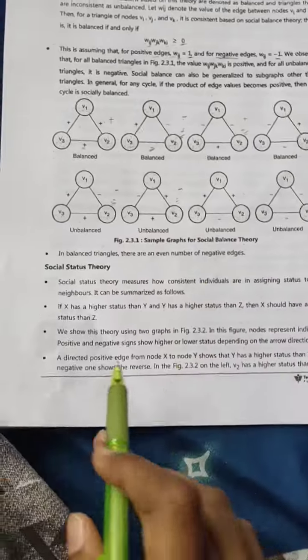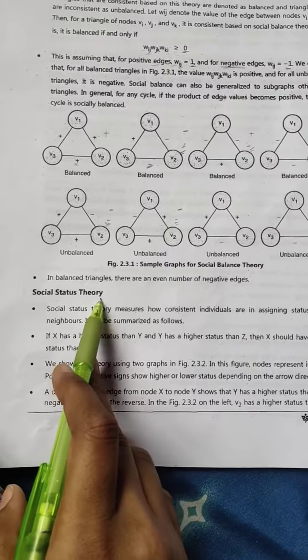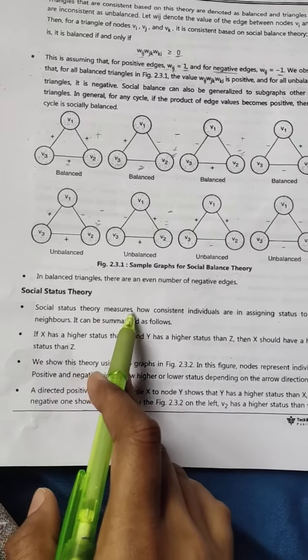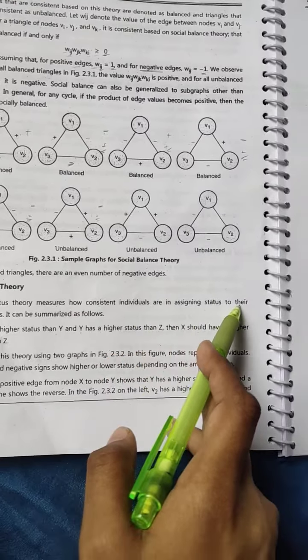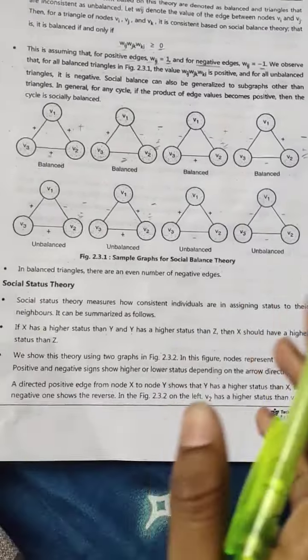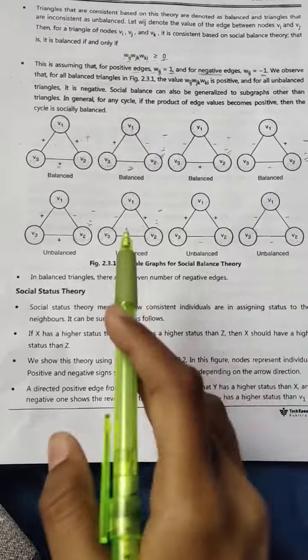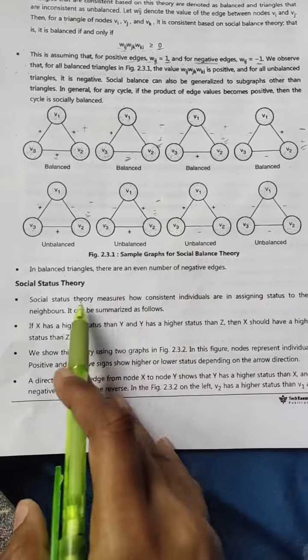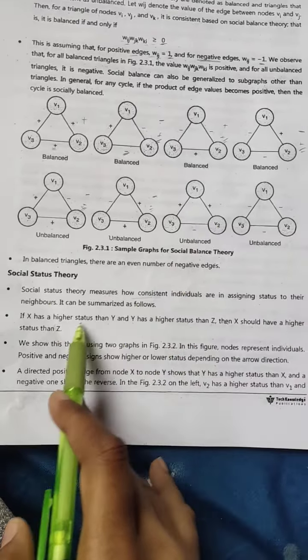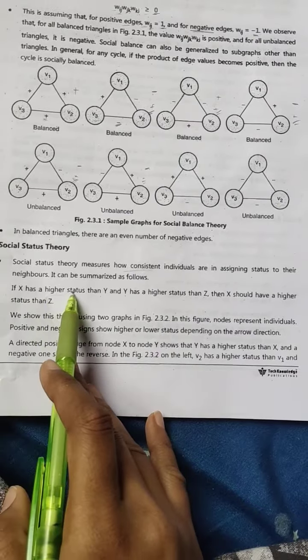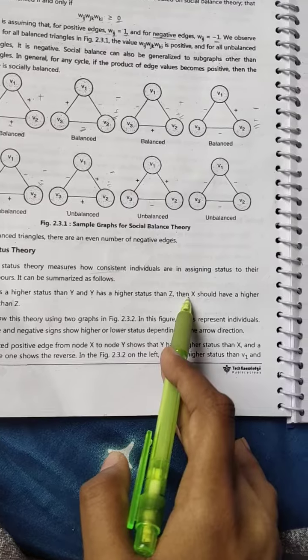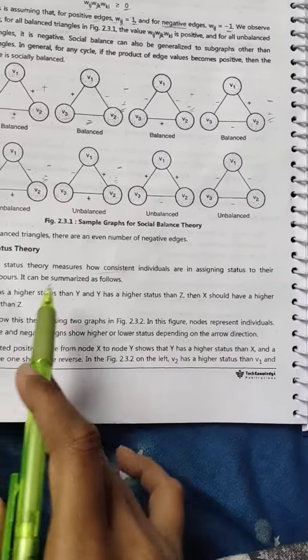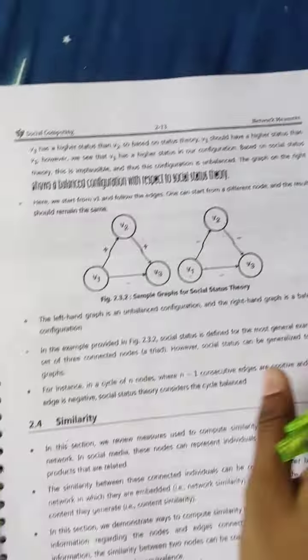Heading towards social status theory. Social status theory measures how consistent individuals are in assigning status to their neighbors. Social balance represents the relationship, balance and unbalance, but this measures the consistency. If X has higher status than Y and Y has higher status than Z, then X should have higher status than Z. Let's understand this using this example.